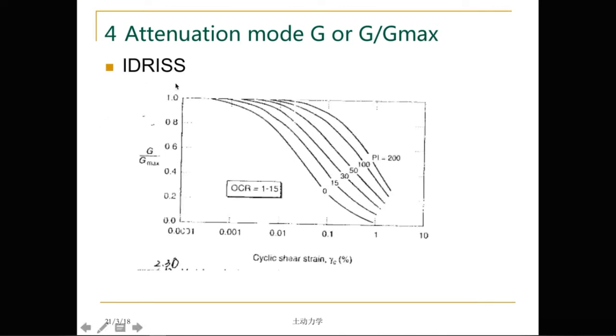Idriss also did a laboratory test and gave his curves. This is for over-consolidated soil, and the OCR, over-consolidation ratio, is from 1 to 15. They gave groups of curves with different PI, from 0 to 200.